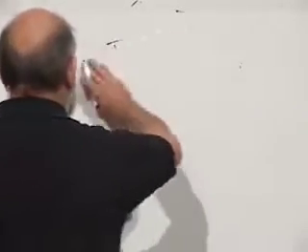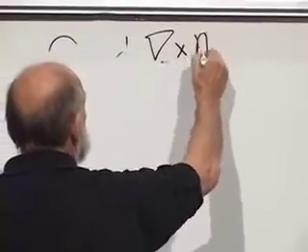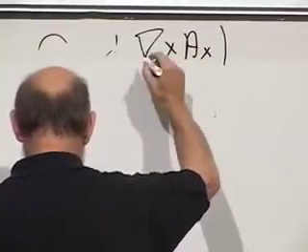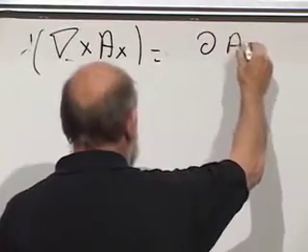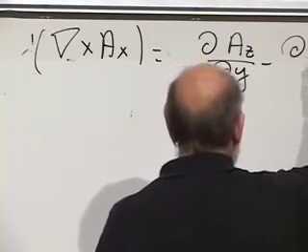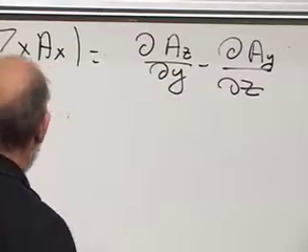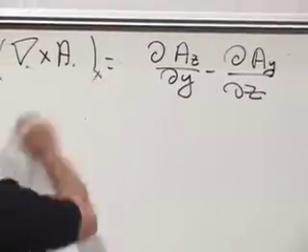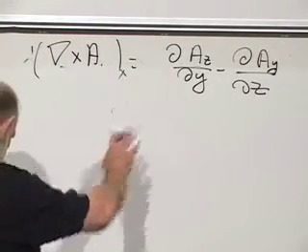Okay, del cross E, the x component. What we have to know is that the x component of a curl is equal to the derivative of the z component with respect to y minus the derivative of the y component with respect to z. All right, we are taking the x component of del cross A. That's this.